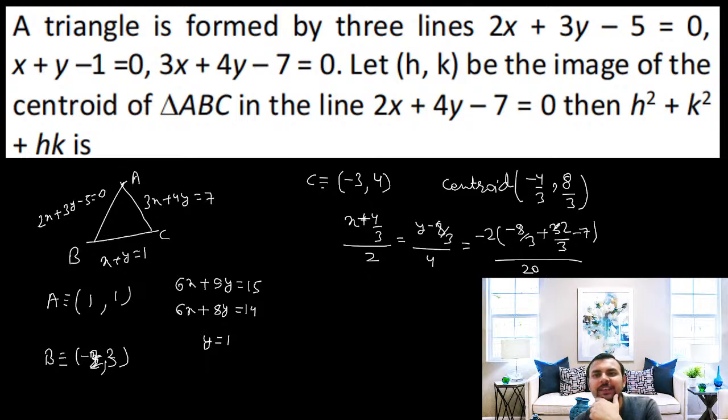This is simply 24 by 3, 8, 1, minus 2, minus 1 by 10. This is nothing but minus 1 by 10. So x could be 1 by 5, minus 4 by 3, minus 1 by 5.